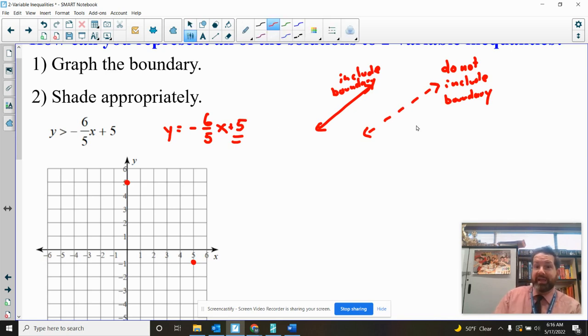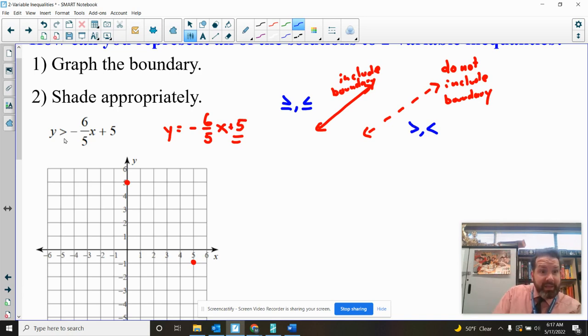If you have a greater than or a less than, you want this dashed boundary. If instead you have a greater than or equal to, or a less than or equal to, then you want the solid boundary. Because the equal means, yeah, I want to include the equation part of it. This means I don't want the equation part of it. I only want the above or below part.